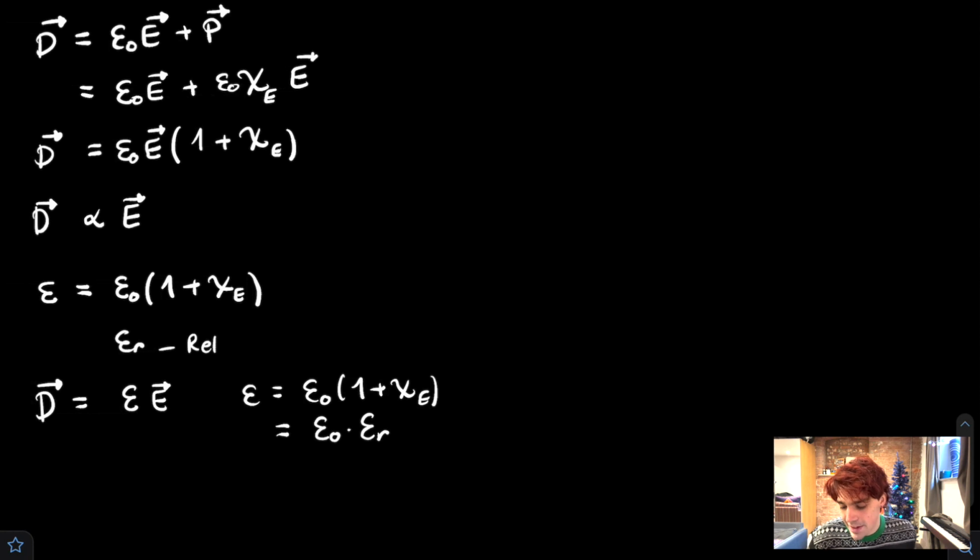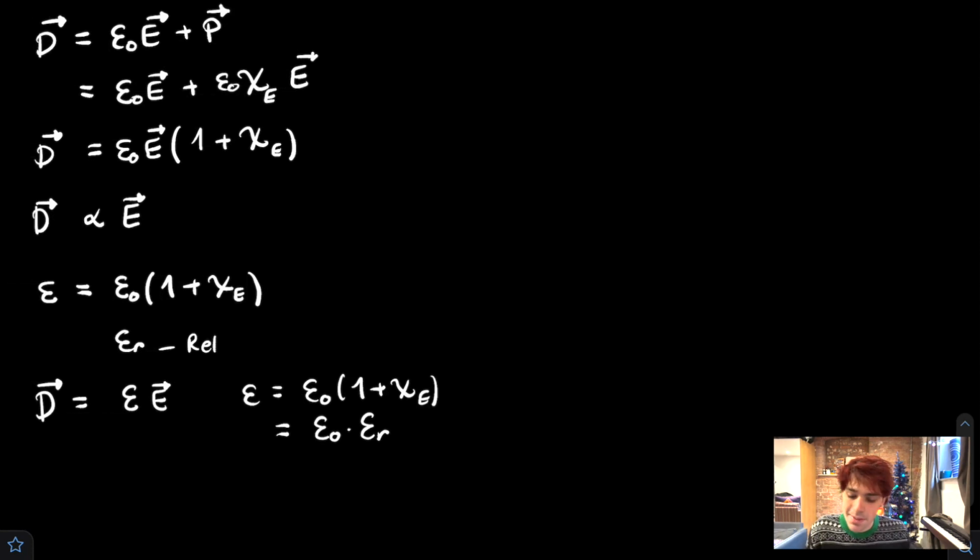So I definitely recommend getting quite familiar with what each of these terms actually means. Chi is the proportionality relation between P and E, and epsilon is the proportionality relation between D and E, and they're related by this key equation right here.